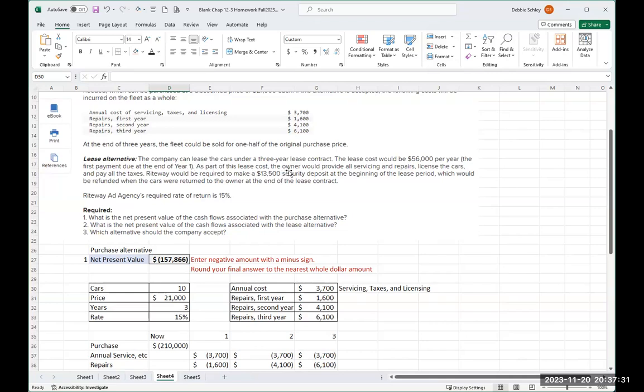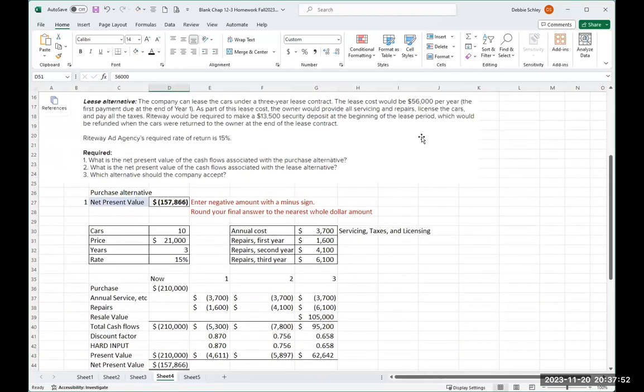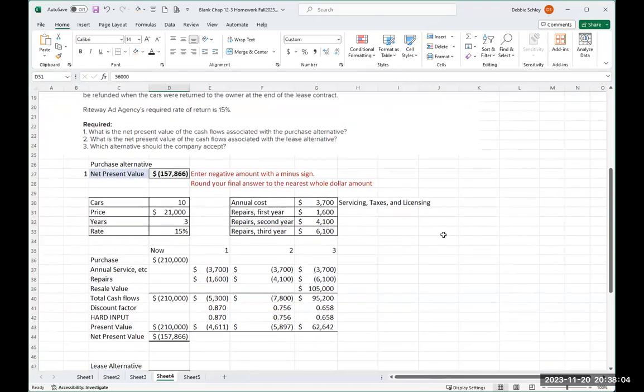As part of this lease cost, the owner would provide all servicing and repairs, license the cars, and pay all the taxes. Rightway would be required to make a $13,500 security deposit at the beginning of the lease period. So $13,500 deposit, which would be refunded when the cars were returned to the owner at the end of the lease contract. And again, my required rate of return is that same 15%.